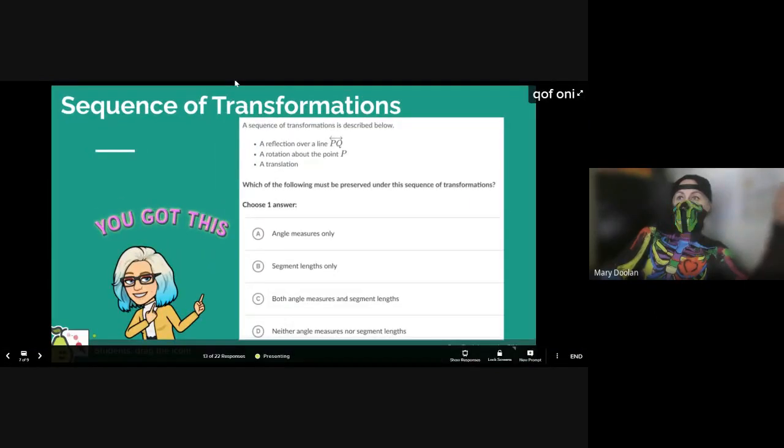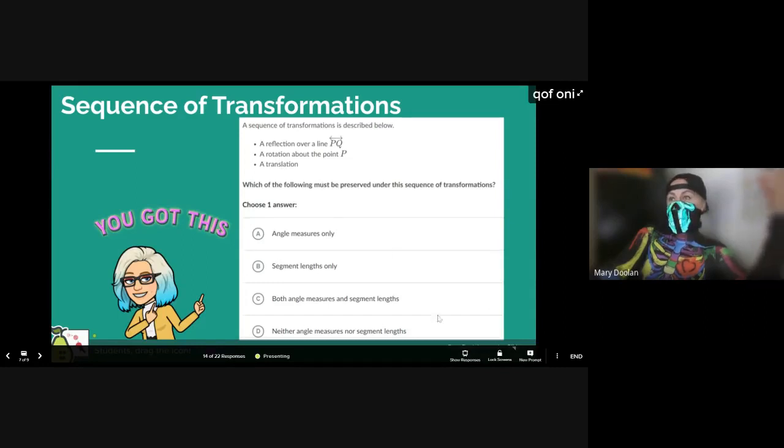Video. Okay, so after that video, when you perform a sequence of transformations, depending on what ones they were, if they were all rigid, or if you threw one in there that was non-rigid, then something's going to be true here. So our sequence is a reflection, a rotation, and translation.